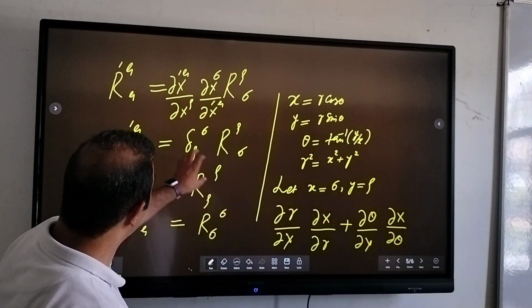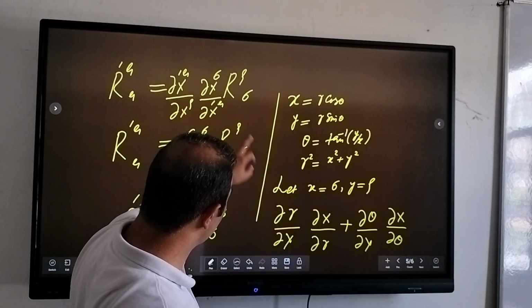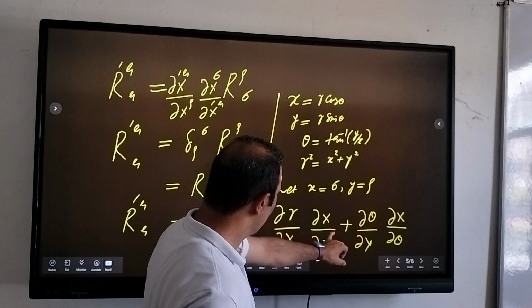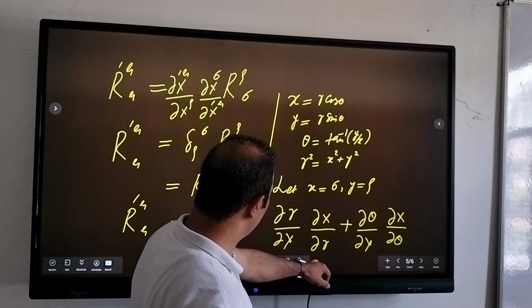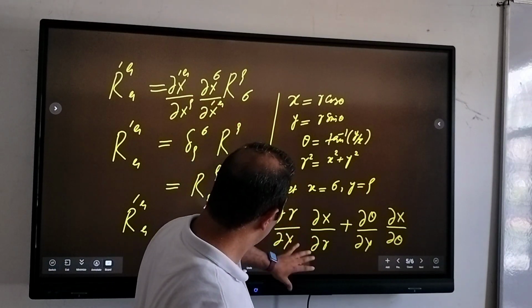So you just check from here because you put x equal to rho, so you will get partial r by partial y, and then partial y by partial r. Because when you put y equal to rho and use this transformation matrix, you should get this one.